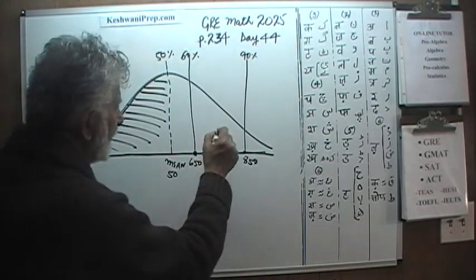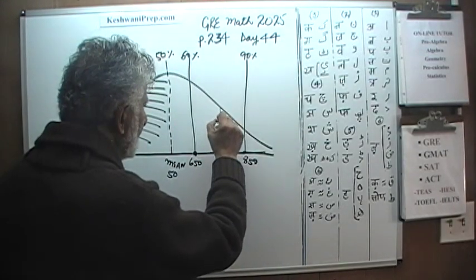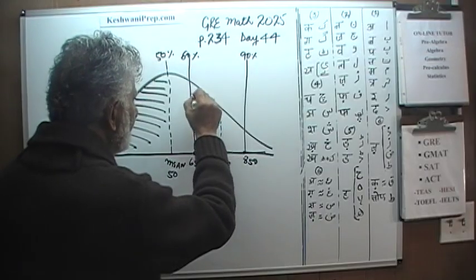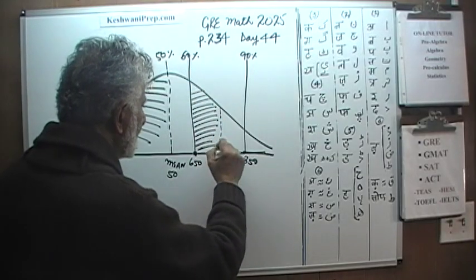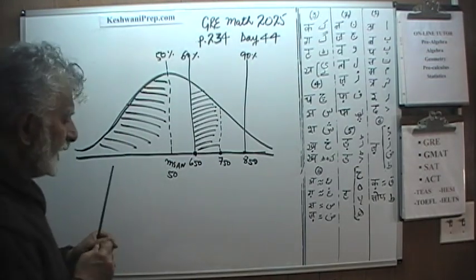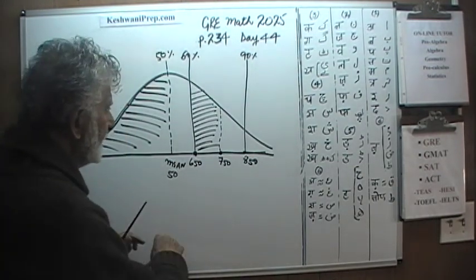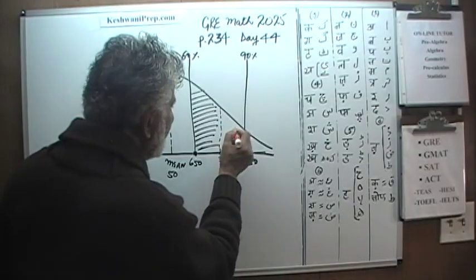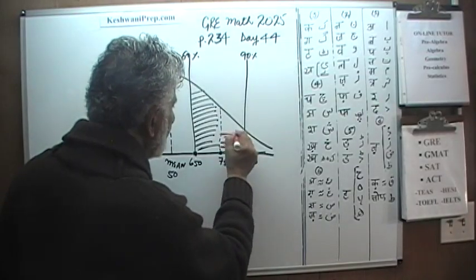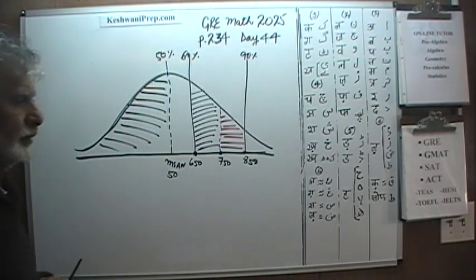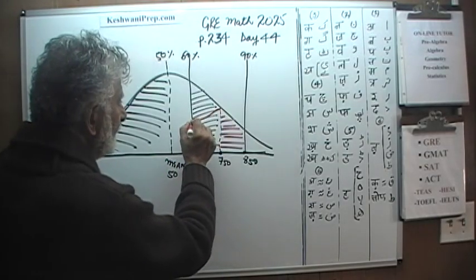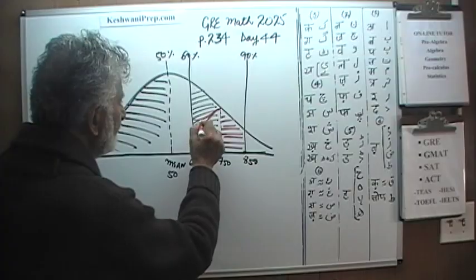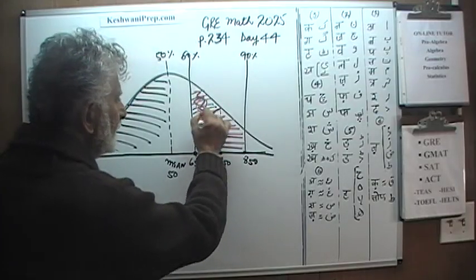But as we can clearly tell, the area that you see here under the curve is far greater than the area that we see here. Even if you were to go like this, all of this area is extra.